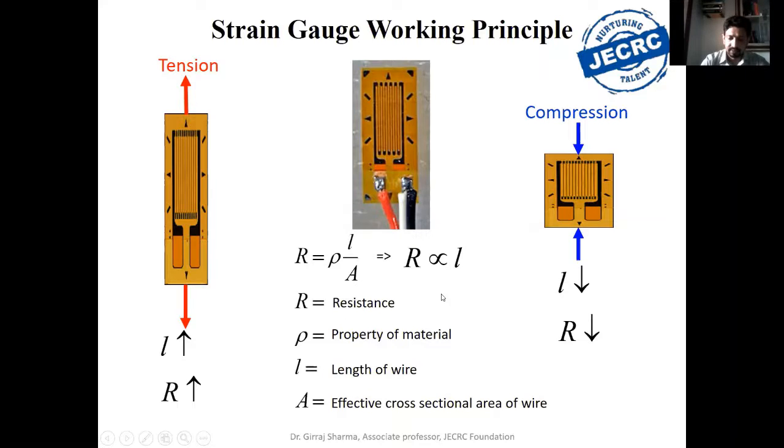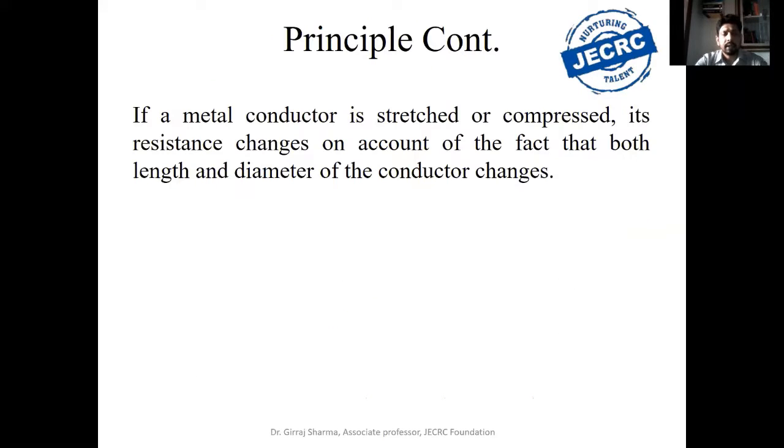The working of the strain gauge is totally based on this fact. Now, if a metal conductor is stretched or compressed, its resistance changes because both the length and diameter of the conductor change. The sensitivity of a strain gauge is often defined in terms of a parameter known as the gauge factor. Later, we will define what a gauge factor is.